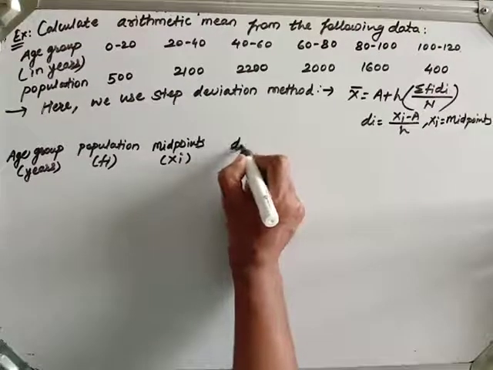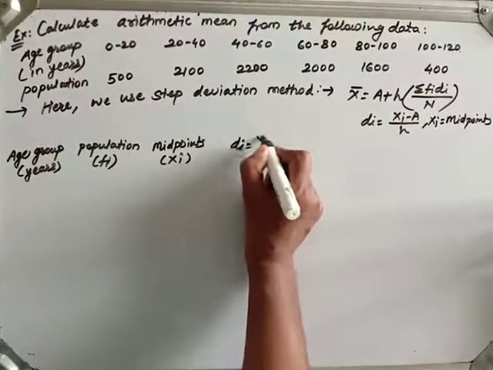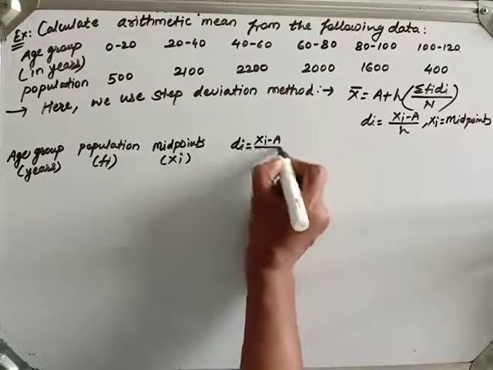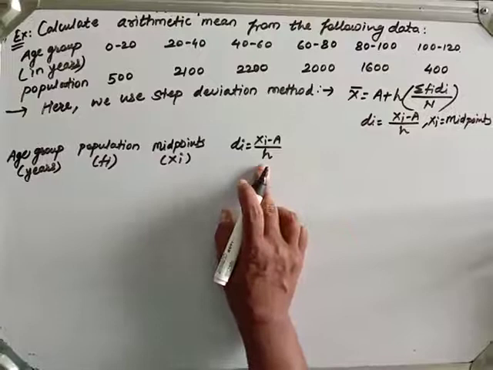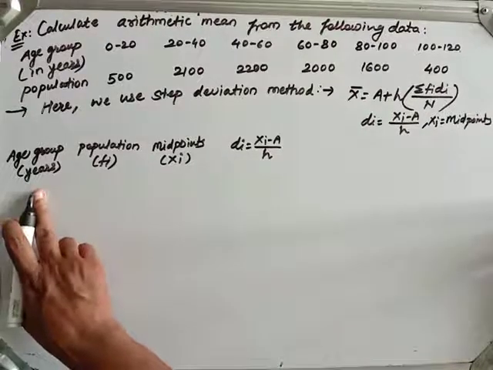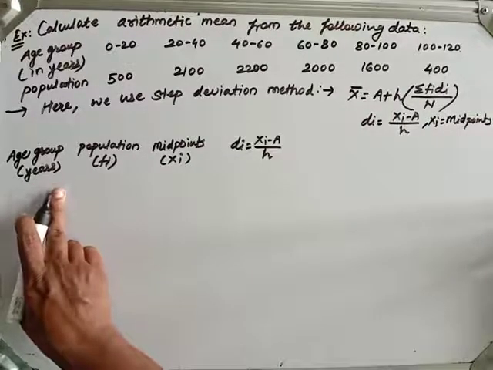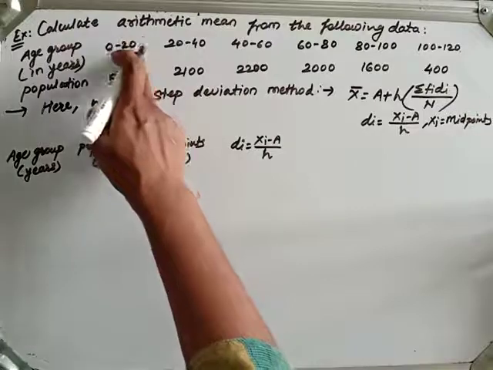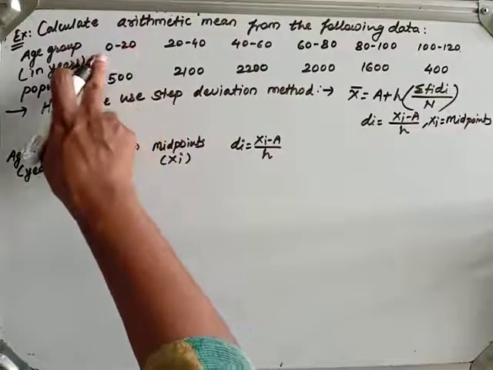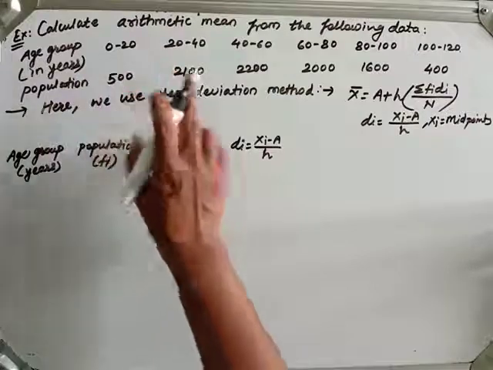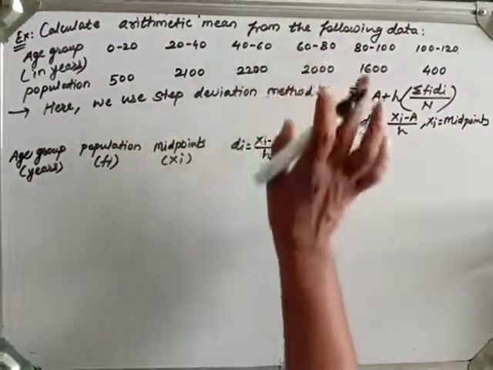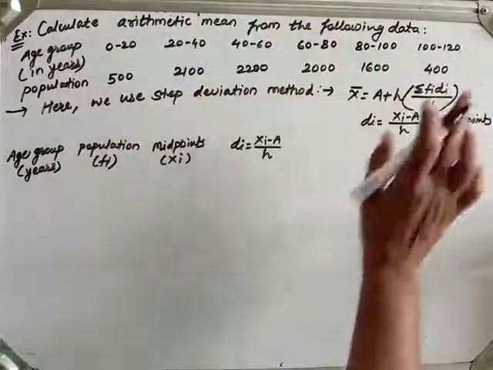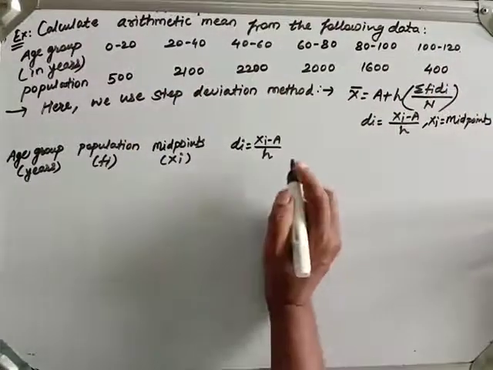Then we determine di. What is di? xi minus a upon h. Now h is the class width, with the formula upper limit minus lower limit. Here 20 minus 0 is 20, 40 minus 20 is 20, 60 minus 40 also 20, 80 minus 60 also 20. From any class you can determine the class width.